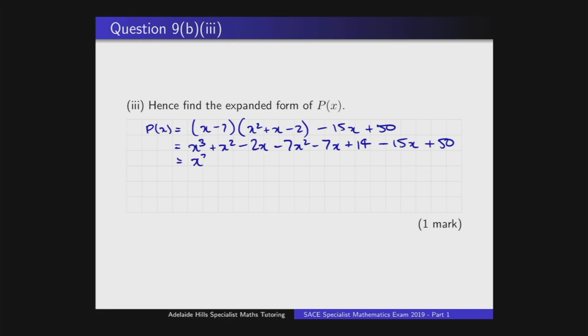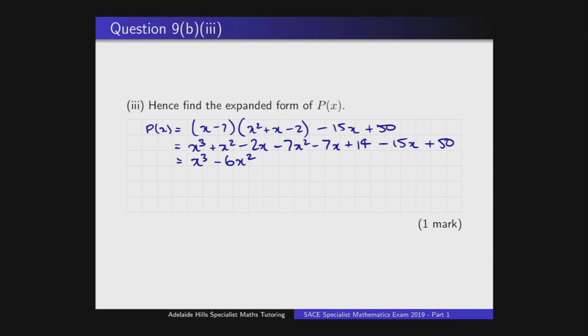And so we've got an x cubed, and as far as x squareds, we've got a plus 1 x squared here, and a minus 7x squared there. So altogether that's going to give us minus 6x squared. Looking at the x's, we've got minus 2, minus 7 is minus 9, and minus 15.